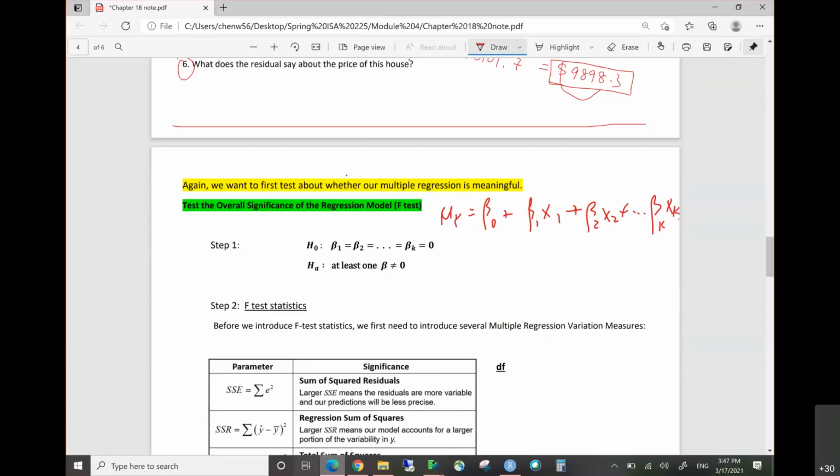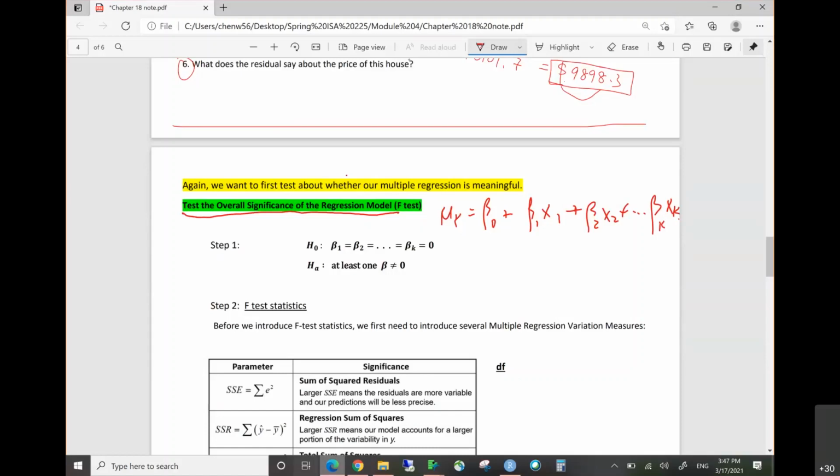So this is our multiple regression model. Now we want to know whether the overall multiple regression is meaningful or not. We want to test the overall significance of the regression model.